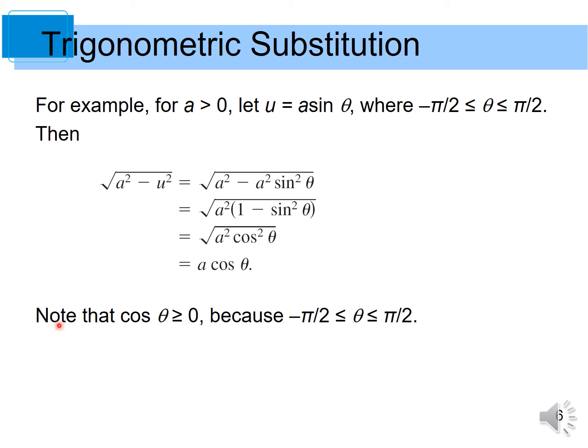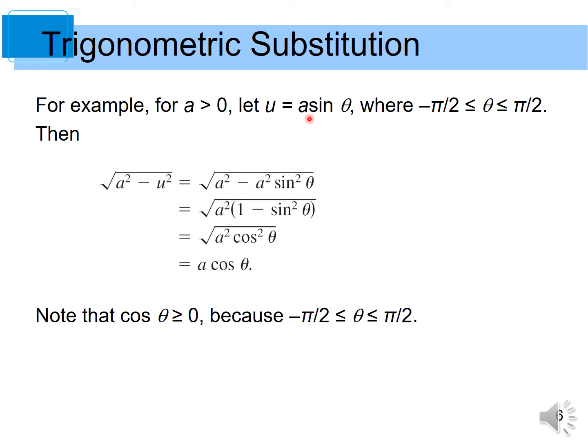Now look at this example. How are we going to eliminate the radical? For a greater than 0, let u equal a sine theta, where theta is between negative pi over 2 and positive pi over 2. For this pattern, radical a squared minus u squared is the first pattern. So our variable will be a sine theta, where a is constant.